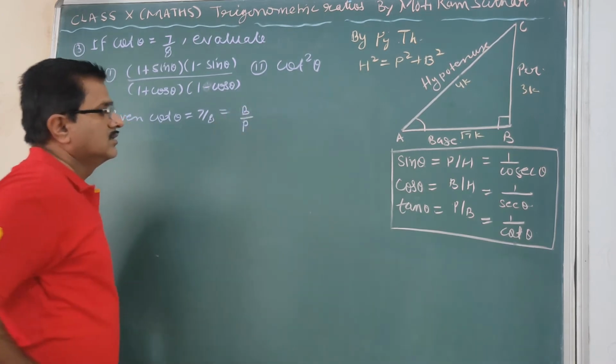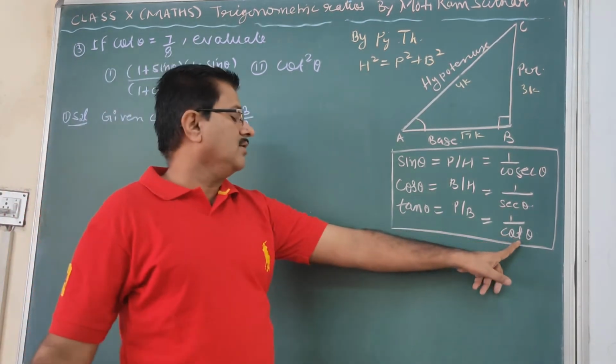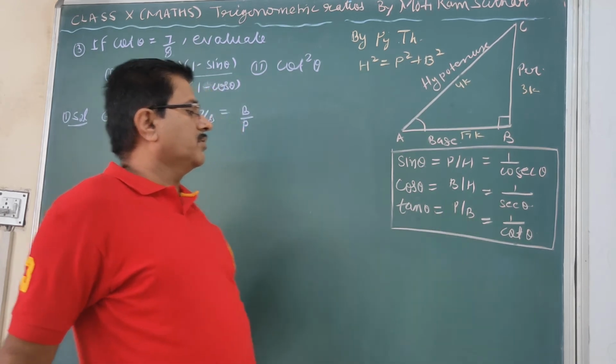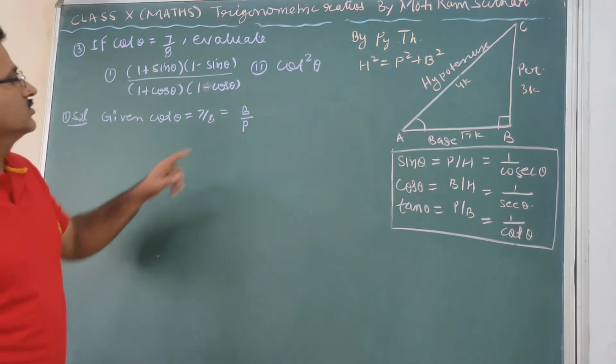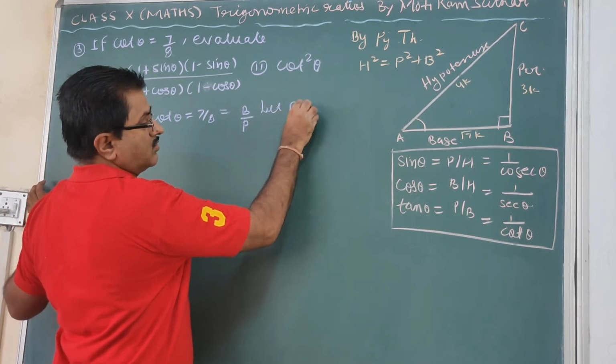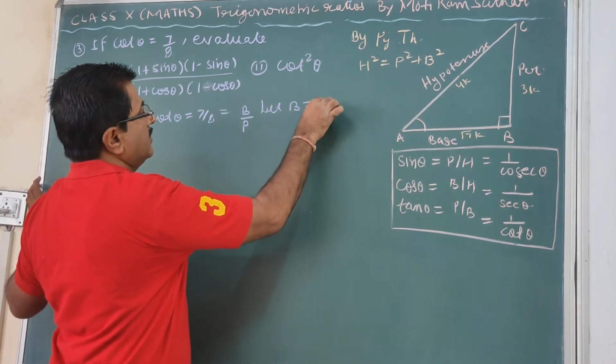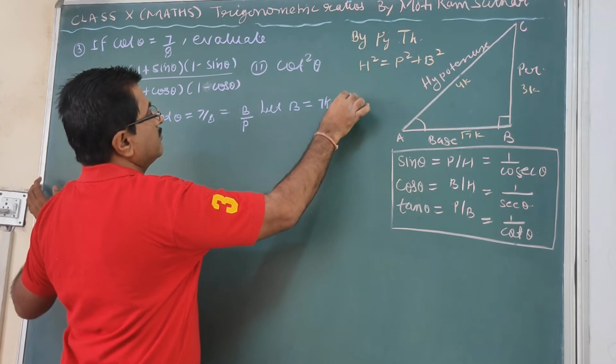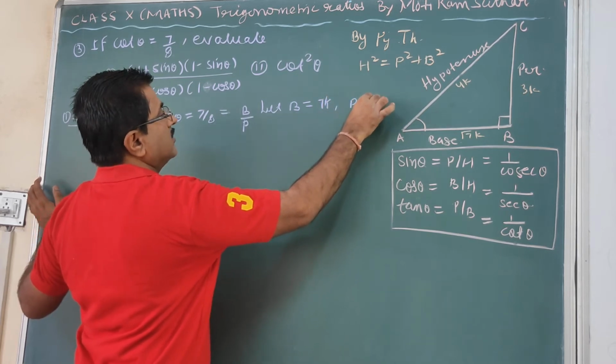Correct this. Cot theta is base upon perpendicular, reciprocal of tan. So we can say here that base equal to 7k, then perpendicular will be 8k.